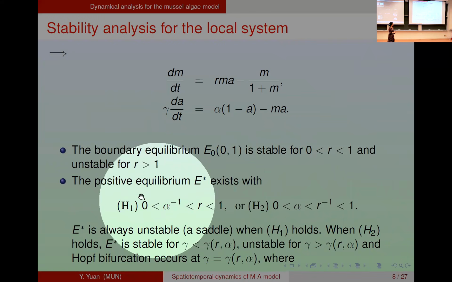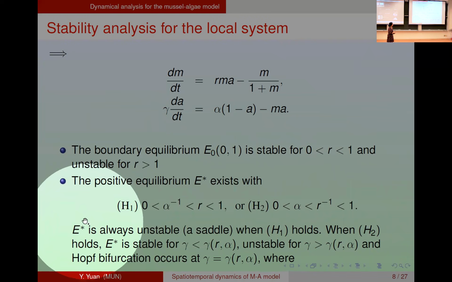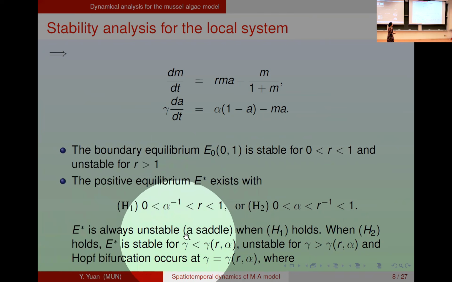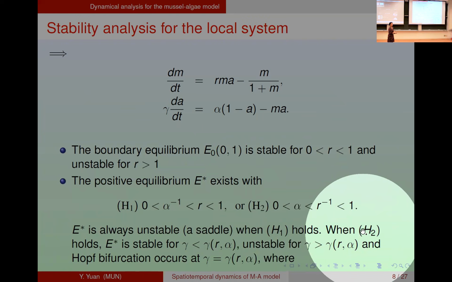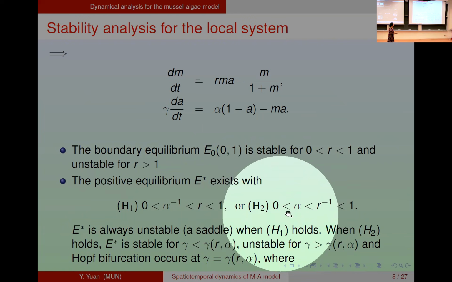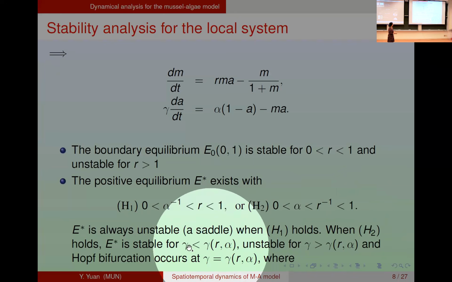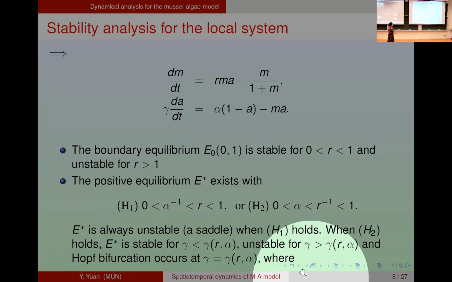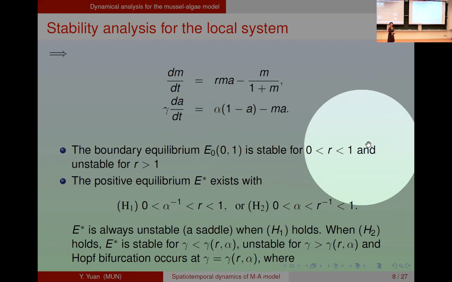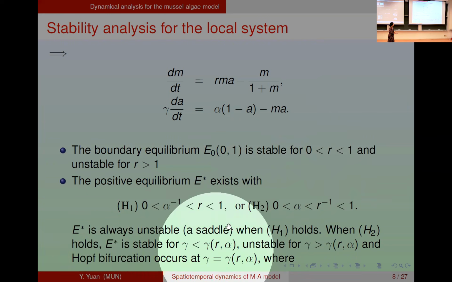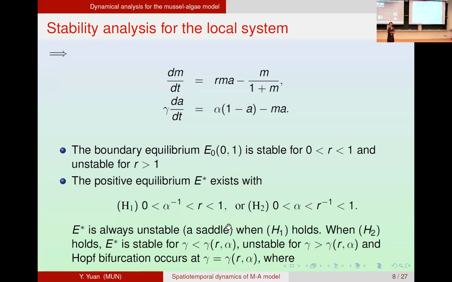We can prove that this positive equilibrium is always unstable, a saddle point, under the H1 condition. With the H2 condition, it is stable for some gamma and unstable for others. So in that way, Hopf bifurcation is possible.